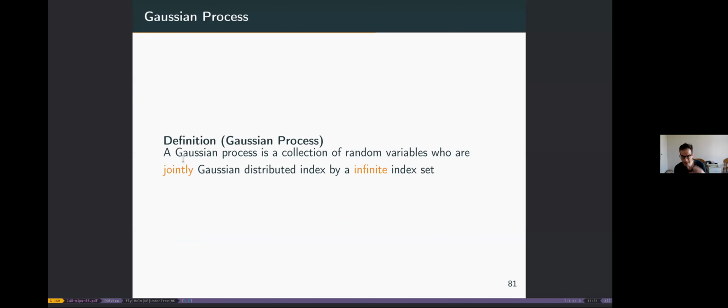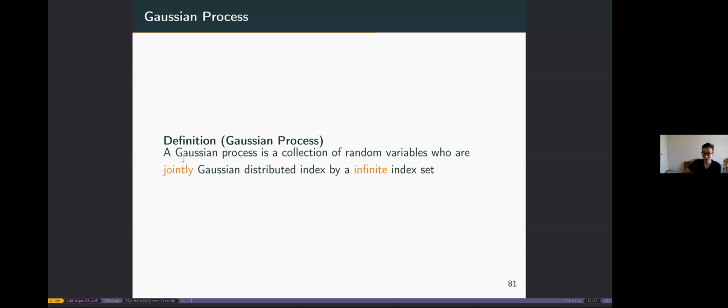So if you want to think of the definition, the way we think about the definition of GPs when we work with these as prior functions is like this. A Gaussian process is a collection of random variables. The random variable here is the output of the functions, which are jointly Gaussian distributed.